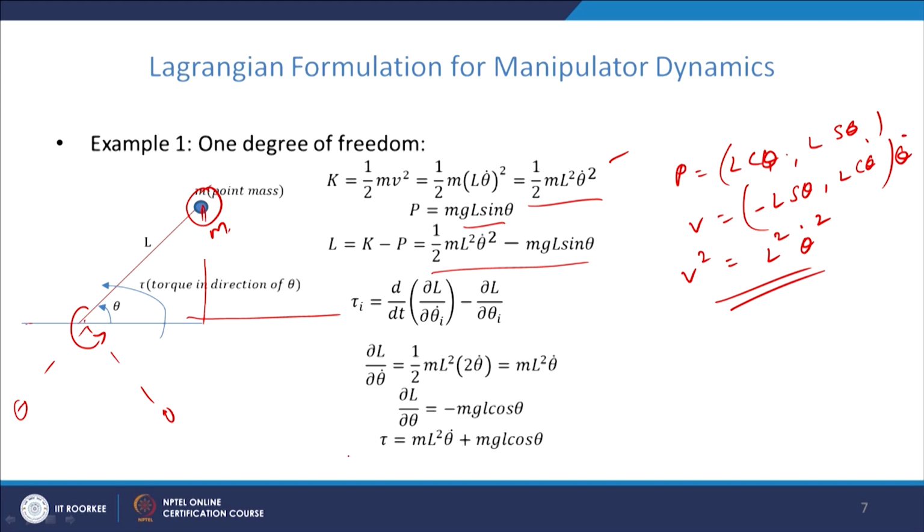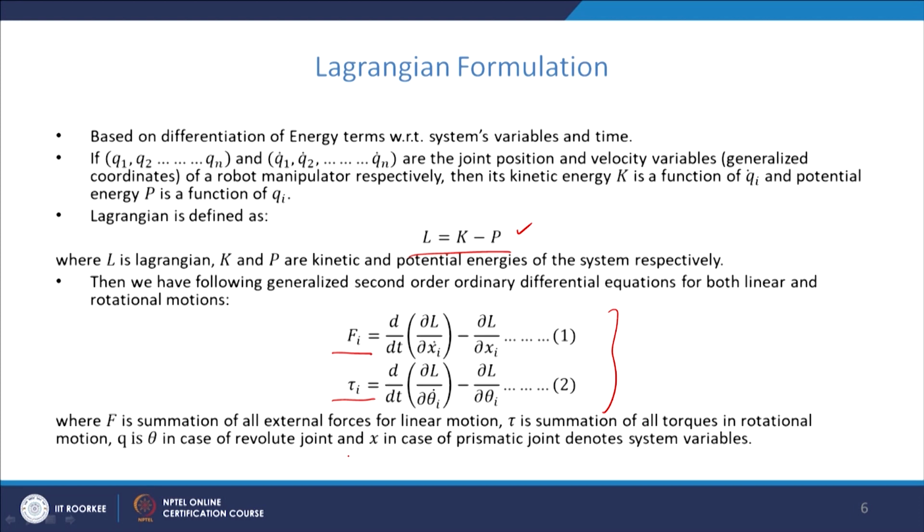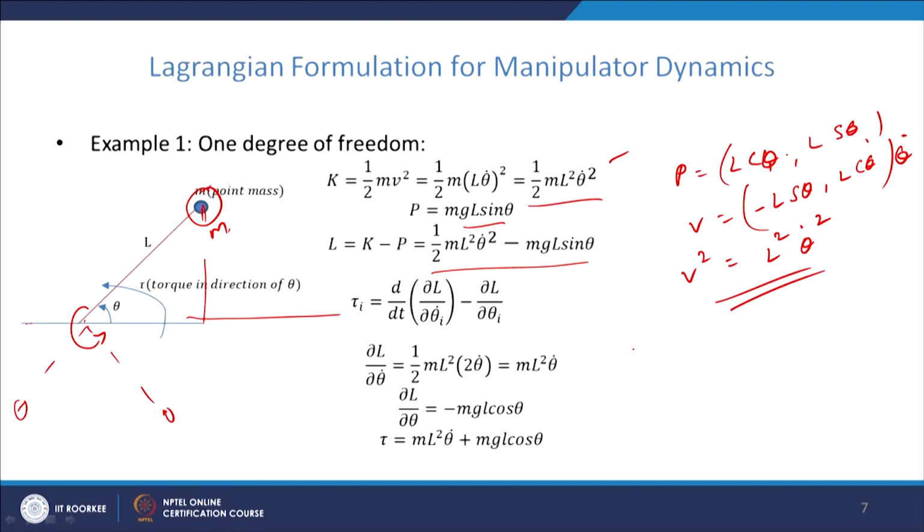Now, applying the Euler-Lagrange formula as given here, the second equation, because it is a revolute joint, we will get the torque applied at this joint is equal to this expression. del L by del theta dot is calculated from here, it is m L square theta dot, and del L by del theta is calculated from here, it is m g L cos theta.